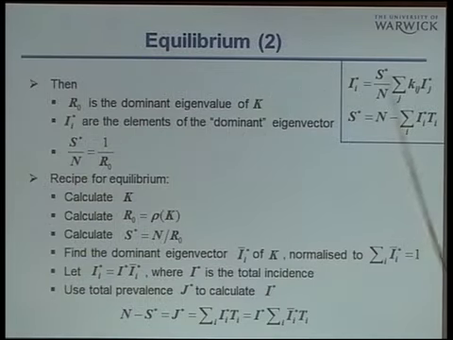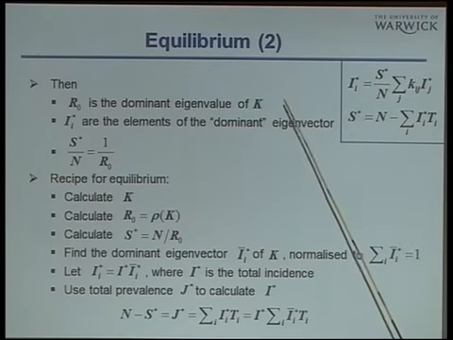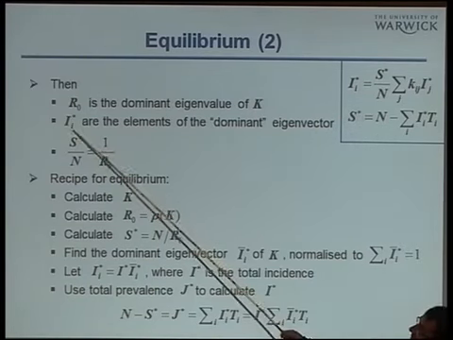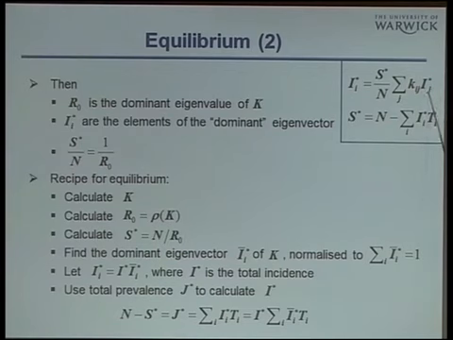From what I said, for the system at equilibrium, I can calculate R0 as the dominant eigenvalue of the matrix, and the incidence of all types are the elements of the dominant eigenvector. Here, these are the elements of a vector that get multiplied by the next generation matrix, and because of the property of an eigenvalue of a matrix, this vector times the matrix gives the vector itself multiplied by R0.